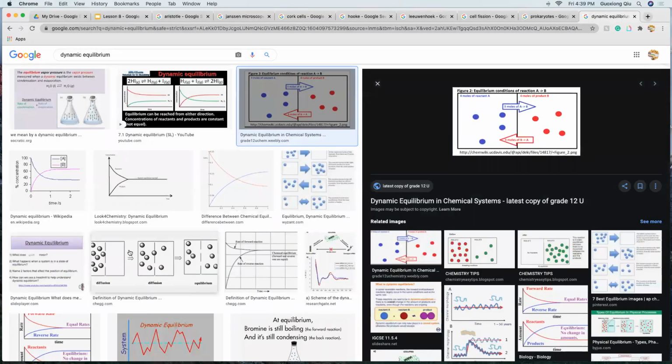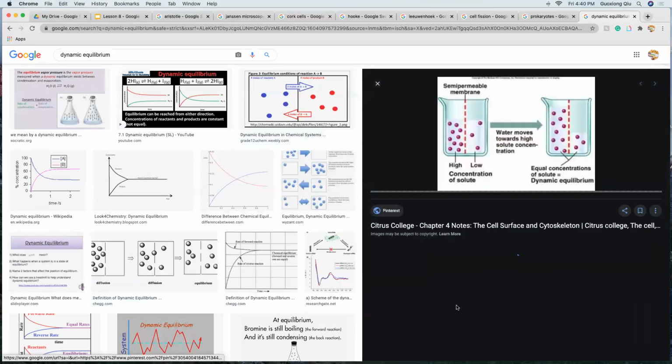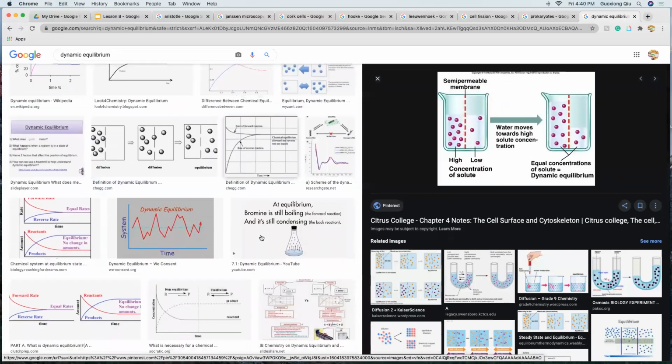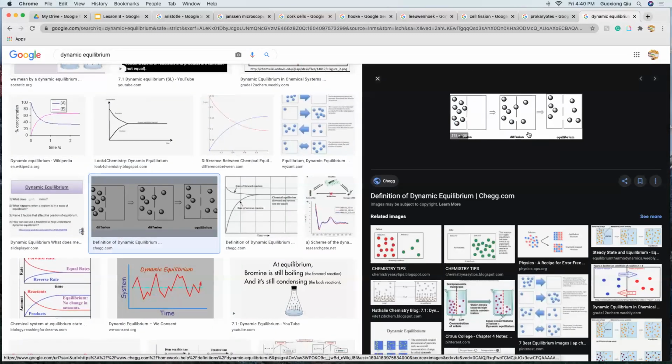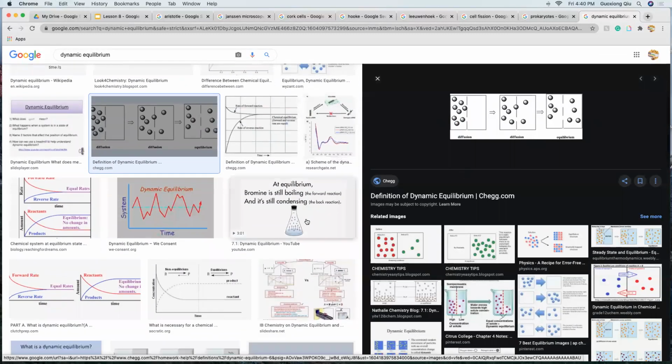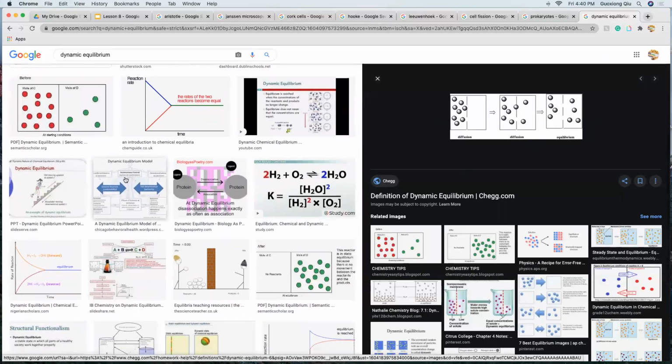Oh, wait, I can show you stuff. This image is good, but it's too small. Sure, let's use this image and hope you can see it.